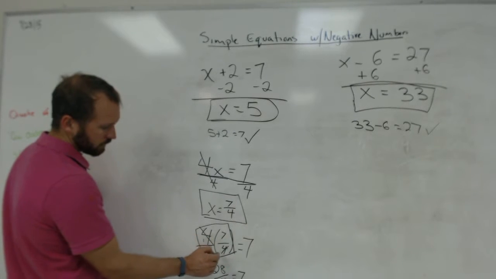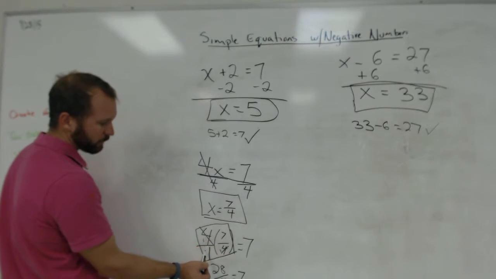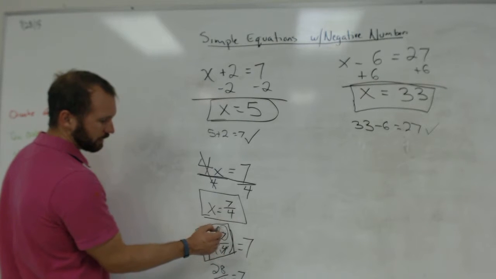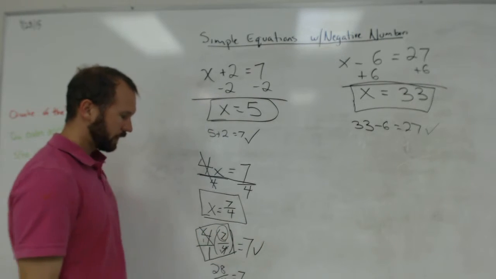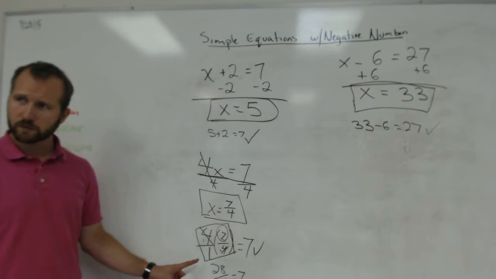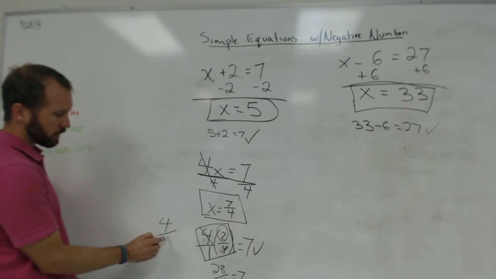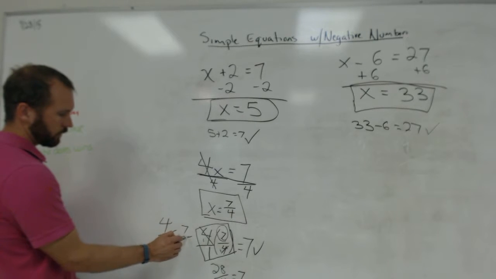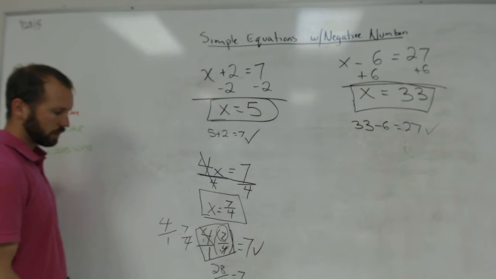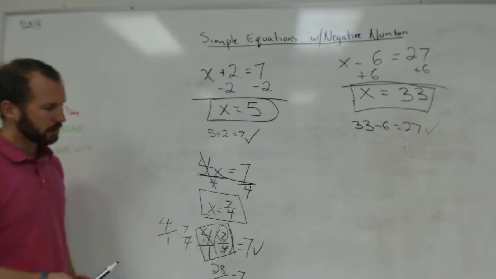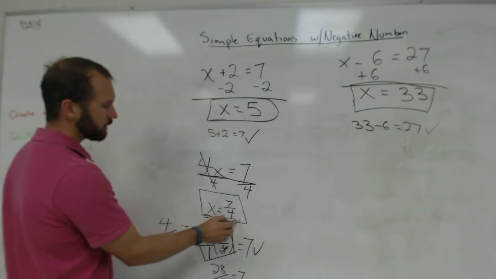They become 1. So then I just have 1 times 7 divided by 1, which is just 7. So yes, this is true. But this is a little harder to check because we're using fractions. But you guys can do this problem, 4/1 times 7/4, and you would all get 7. So x equals 7/4 in that problem.